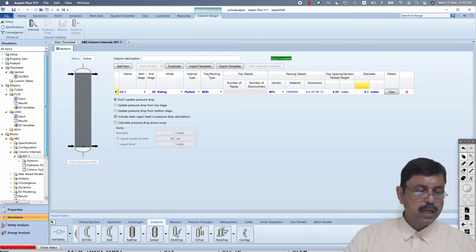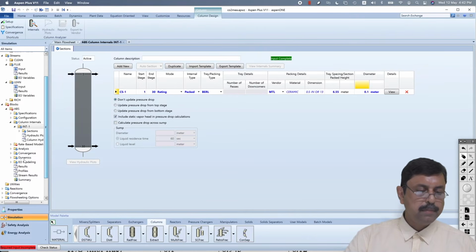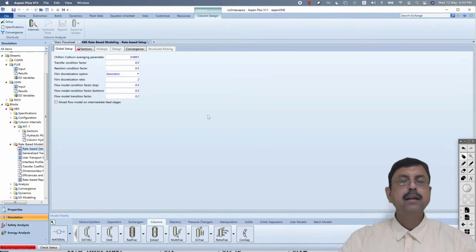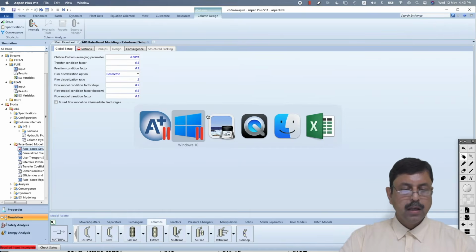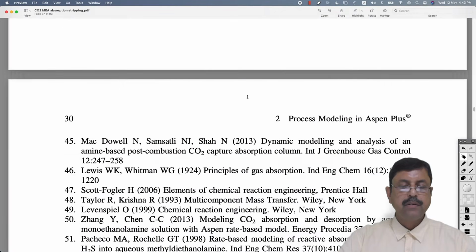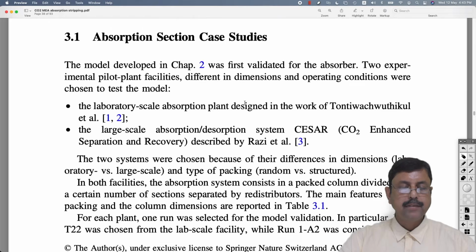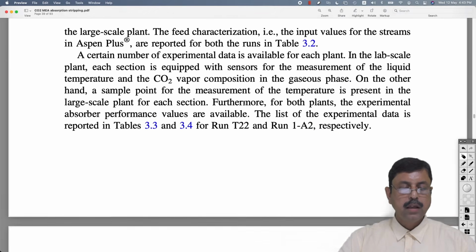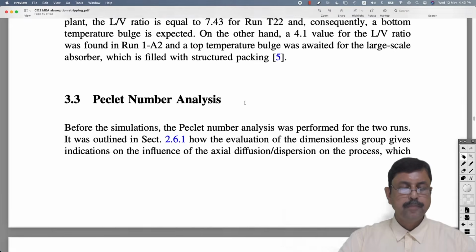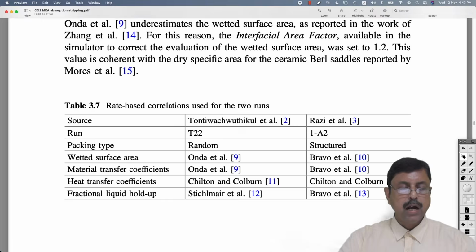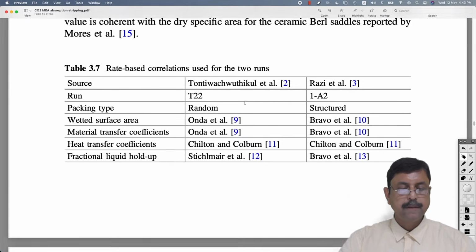Now we shall come down to rate-based modeling. So here we have to add in a few information. A few minutes back, I was discussing what they were asking for. They have given some information about how to choose the rate-based correlations.